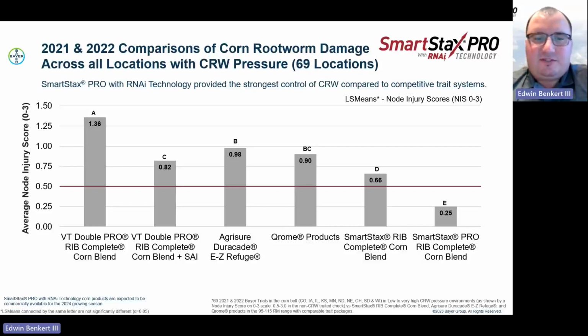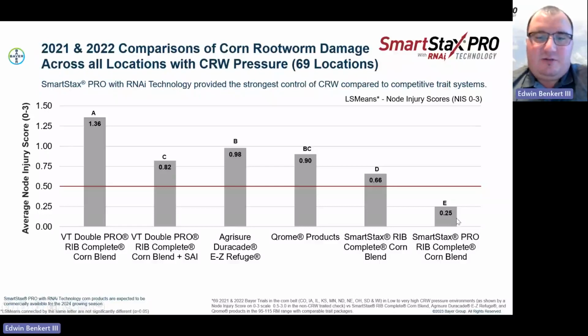Maybe it's decreased trait performance, maybe there's higher populations, but we have to figure out why the injury is higher on that traited product than our threshold. And so I point that out because even though SmartStax is providing very good protection here, it is above that threshold, at least in this data set.